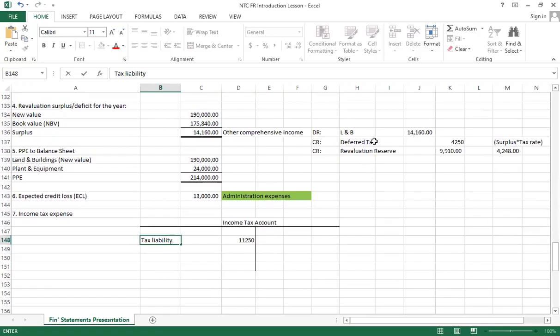I want you to remember that with respect to this revaluation surplus, the 14,160, we have said that we have some taxation. This taxation is what we call the deferred tax. And we've said this one you should credit in the tax account. So I come to my income tax account, and on the credit, I say that I have this 4,250.